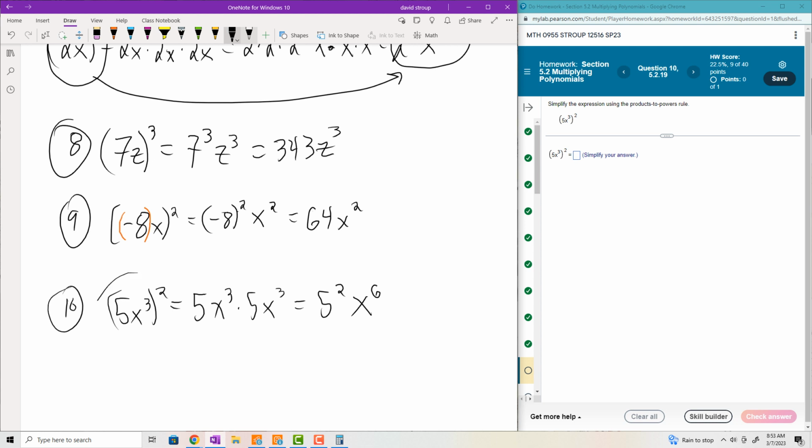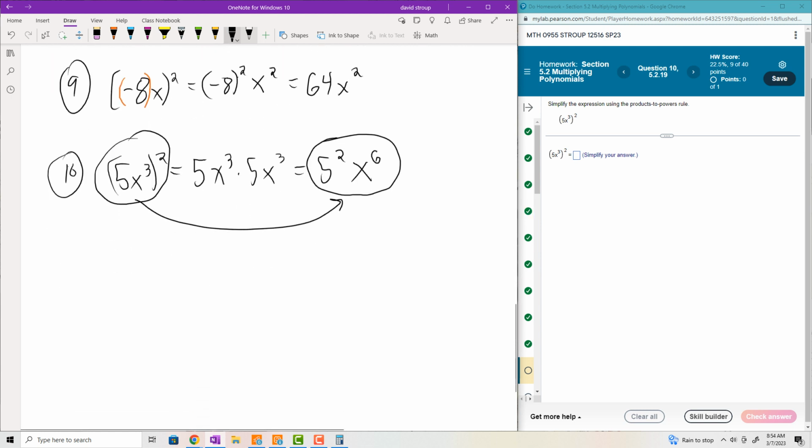Okay. So kind of looking for the pattern here, what did I do? I raised the 5 to the second power, and then I multiplied the exponents on the x cubed squared. So let me rewrite it. Maybe it'll be more obvious what I did. Okay, so I go 5 squared, and then I think of this as its own term, and I raise that to the second power.